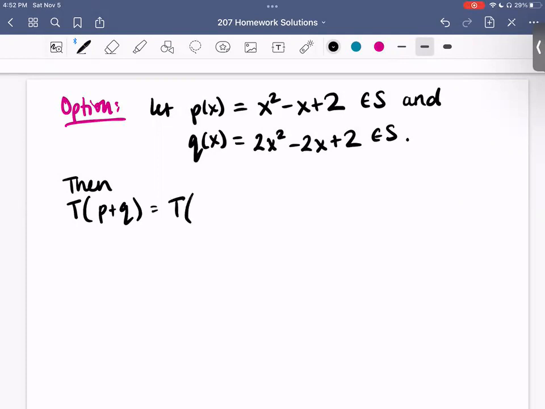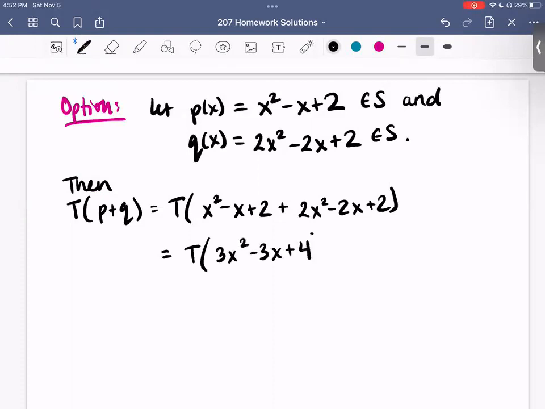So this is the transformation of x squared minus x plus 2 plus 2x squared minus 2x plus 2. That's the transformation of 3x squared minus 3x plus 4.